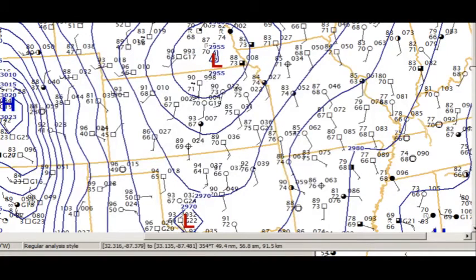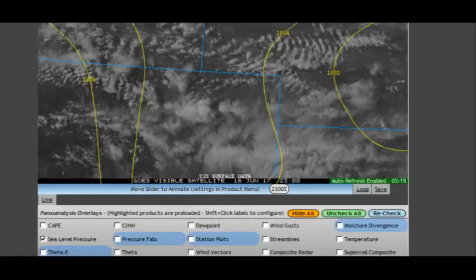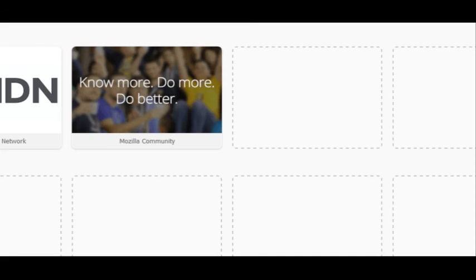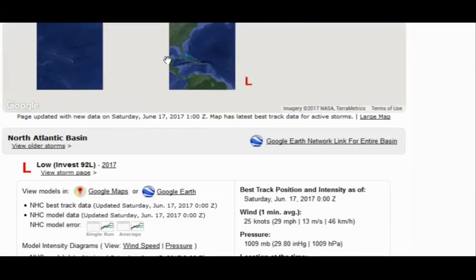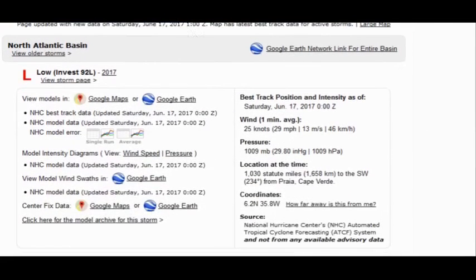Okay, steering currents in the Gulf, according to Ryan, kind of murky at this point. The GFS and European models, still a spaghetti pattern across the spectrum. Maybe we can take a look at that too. Let me go to one of the sites that I often visit. Tropical model site, tropicalatlantic.com/models. First you have to have a storm, and all this stuff here is for this Atlantic storm right there.